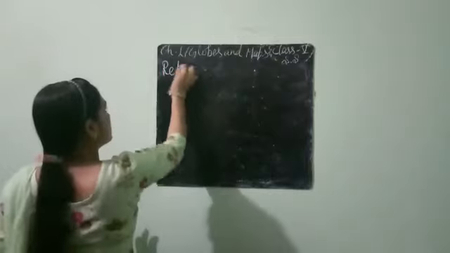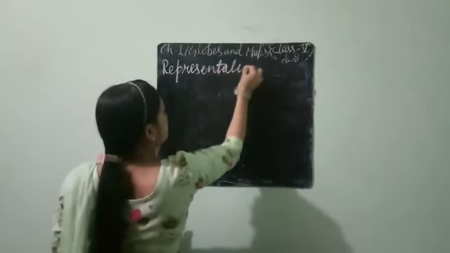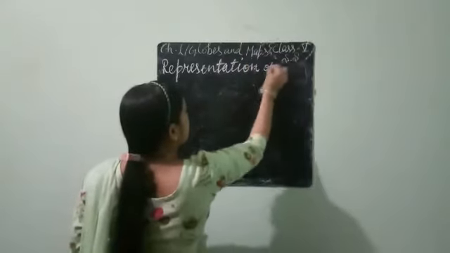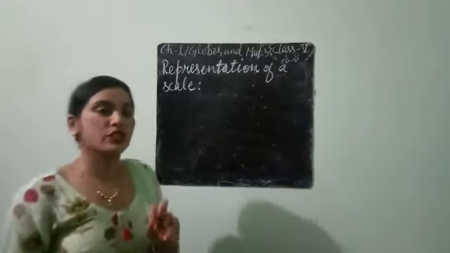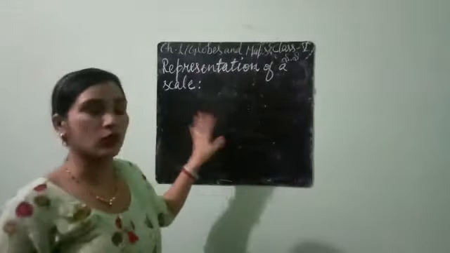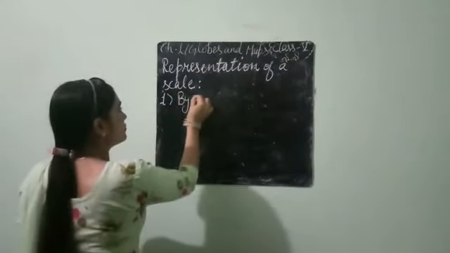Now, how can we represent a scale on the map? There are two ways in which we can represent a scale on the map. The first way is by statement.